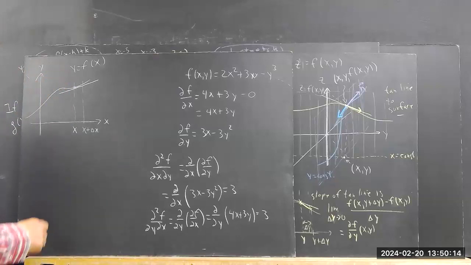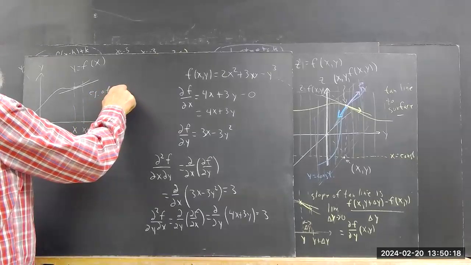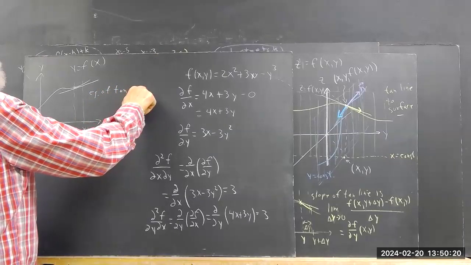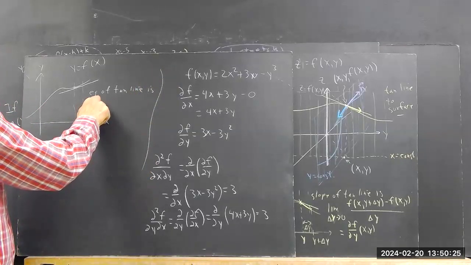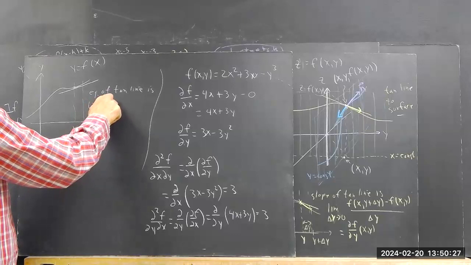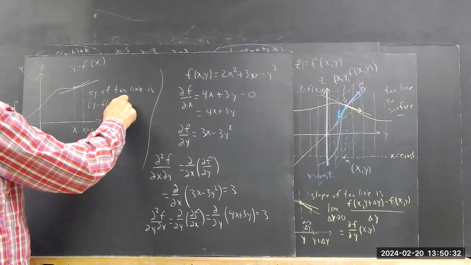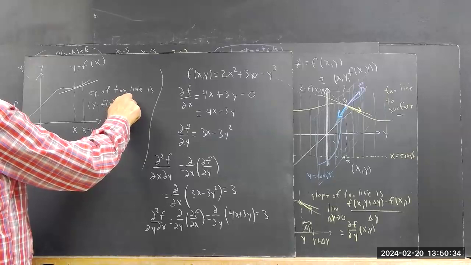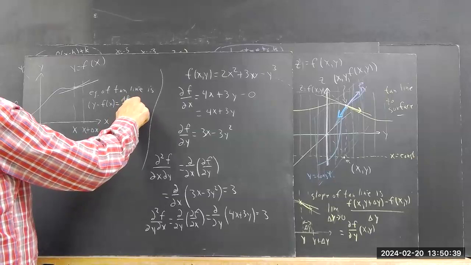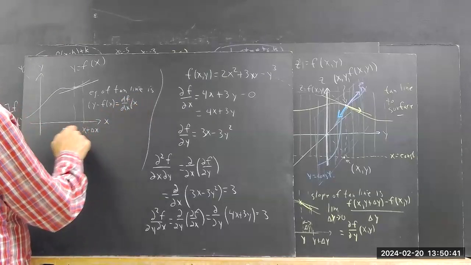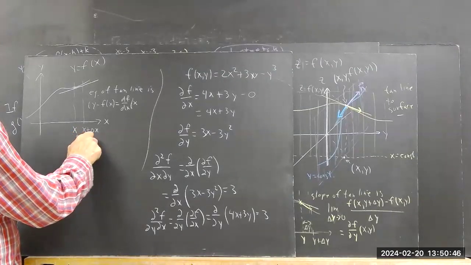What's the equation of the tangent line? Okay, I've got to use an x naught here.